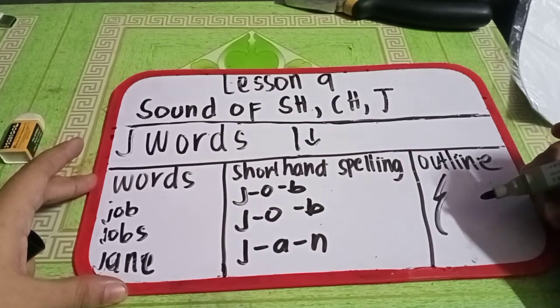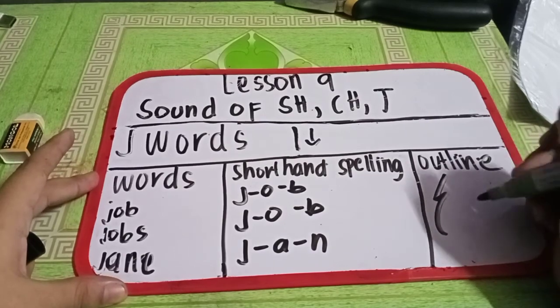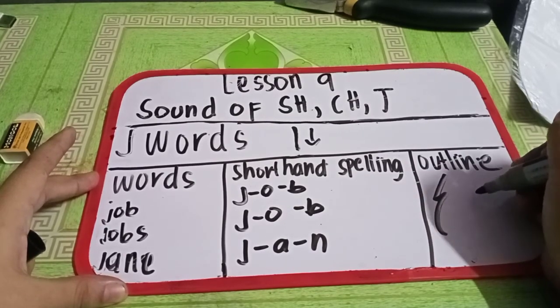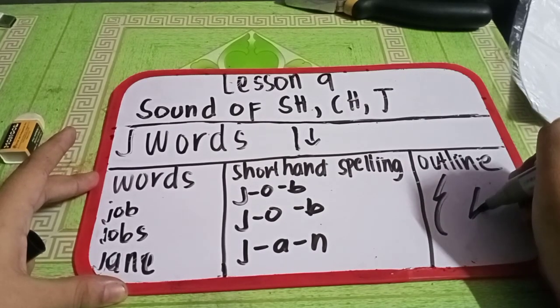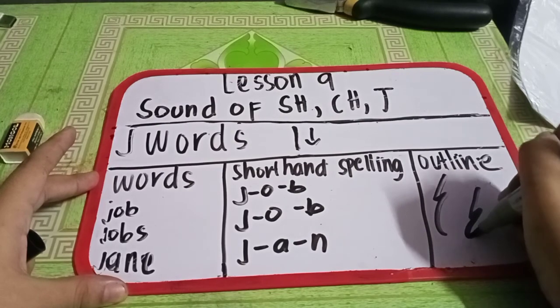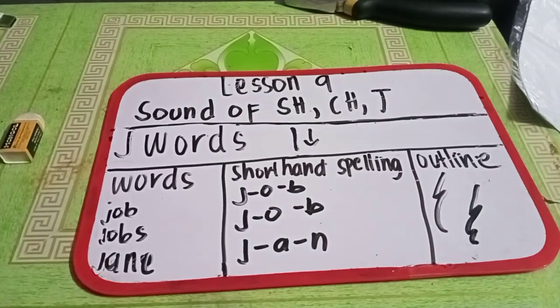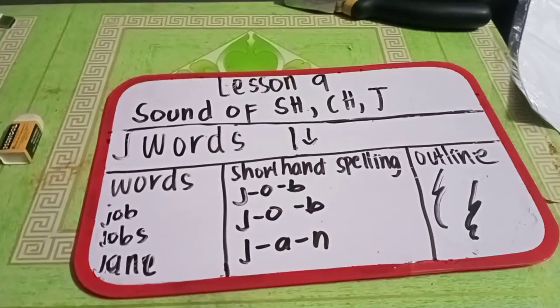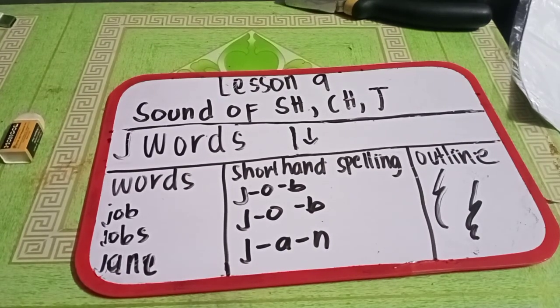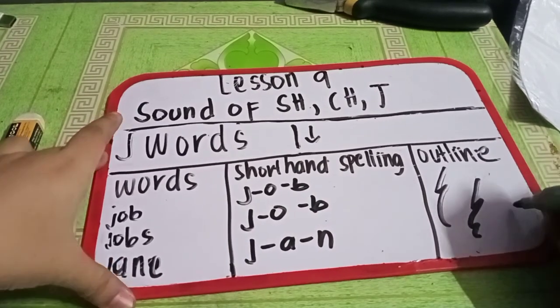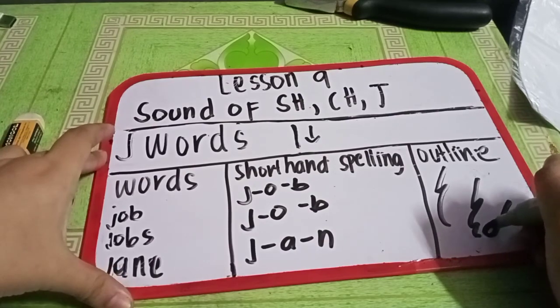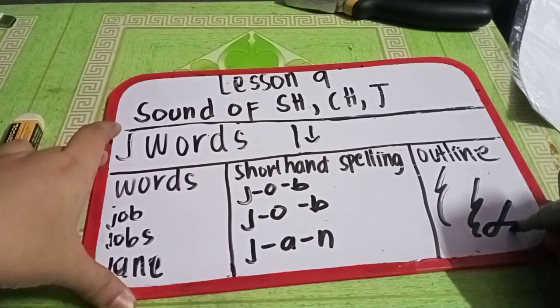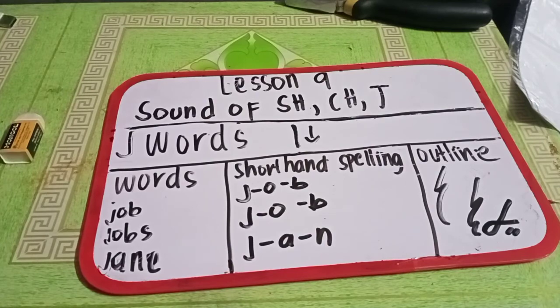The shorthand spelling is J-O-B and the left S. And the third example is Jane. J-A-N. Then sign of capitalization.